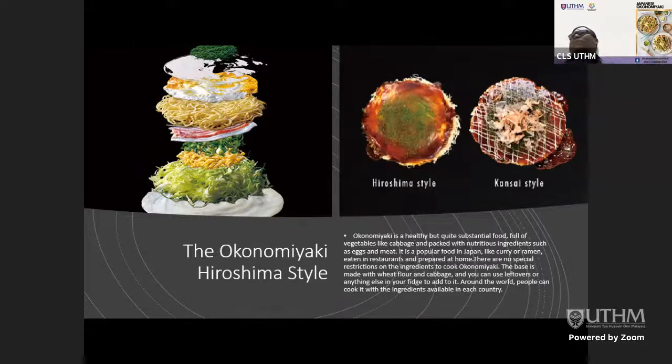We can put seafood, and Hiroshima is also famous for oyster. Normally when I go to eat, I ask them to make an oyster okonomiyaki. So this is the name, okonomi, which means you can add what you want to eat, but Hiroshima style is a very orthodox style. You can change some of the portions, but with Kansai style you can make whatever.